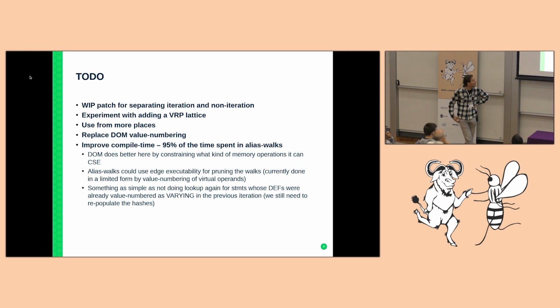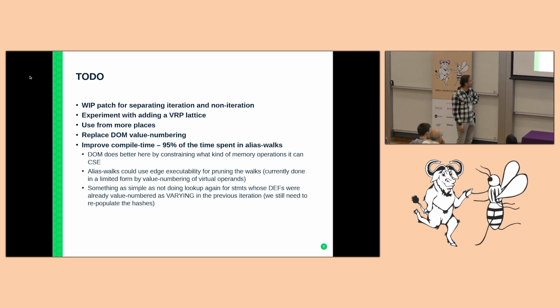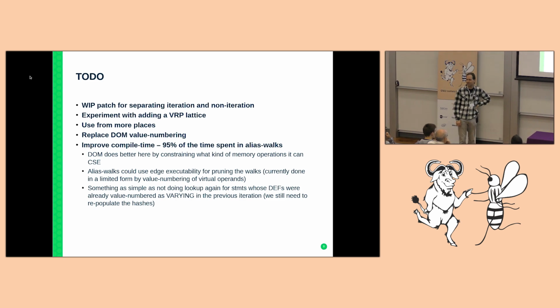So yeah, Jeff wanted to remove the jump threading from DOM somehow, so disentangle this, and then DOM would be left as just one non-iterating CSE, which we could use in place of that. But it's probably also GCC 10 work if Jeff isn't faster than I think. But he seems to be busy with string length warnings and stuff.